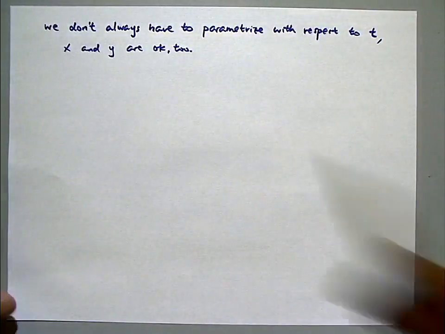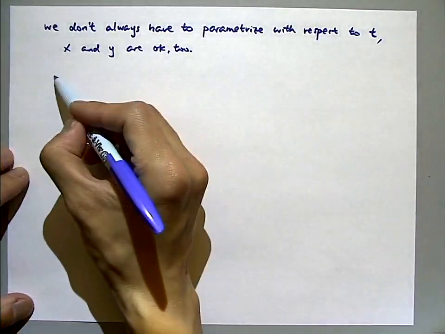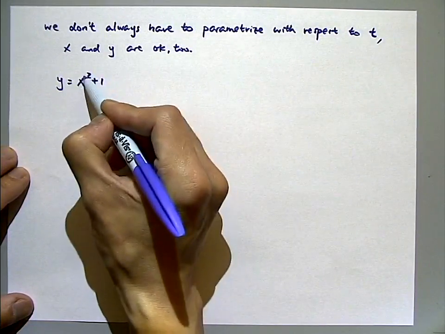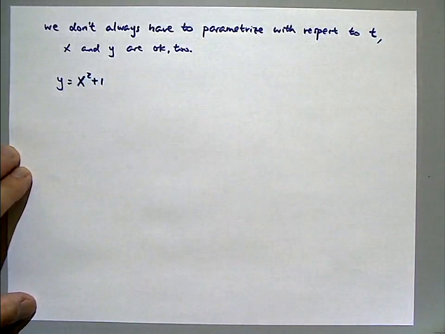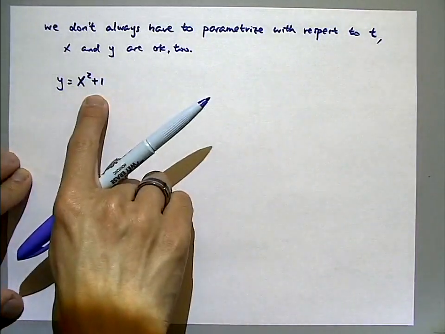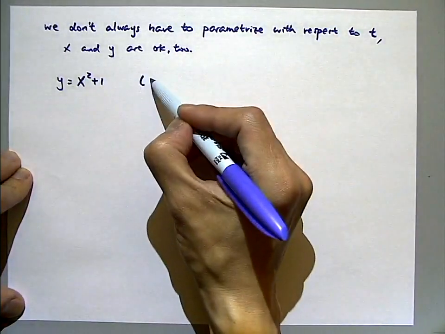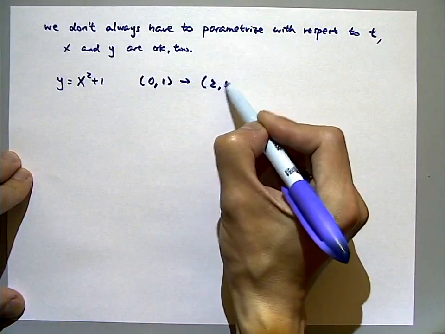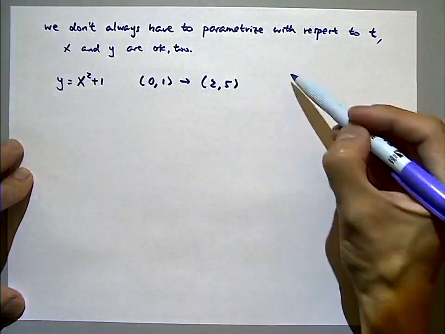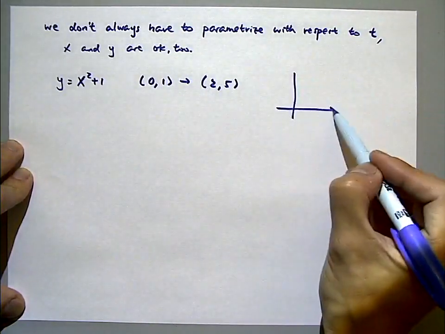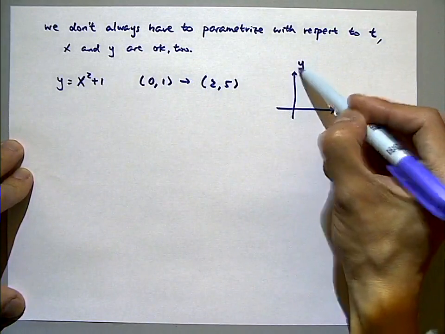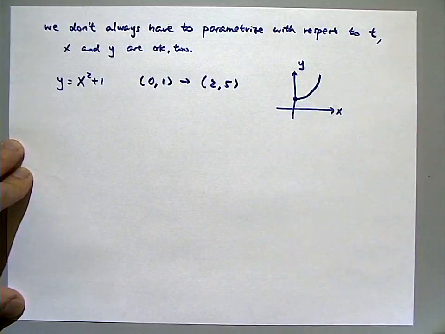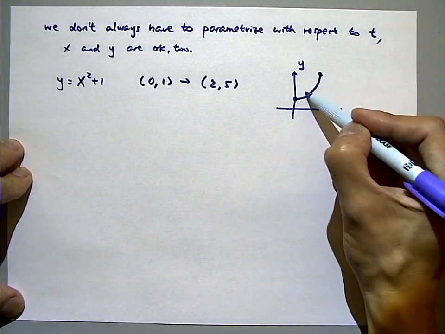For example, let's look at a very simple curve here. The curve described by y is equal to x squared plus 1, going from 0, 1 to 2, 5. So we're on a parabola going from here to here, going in that direction.